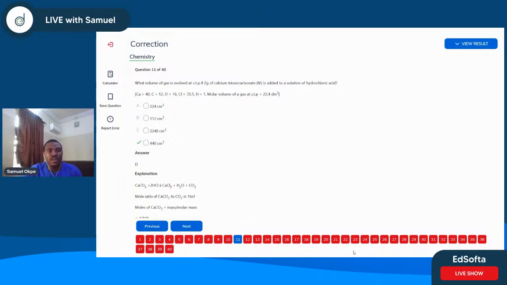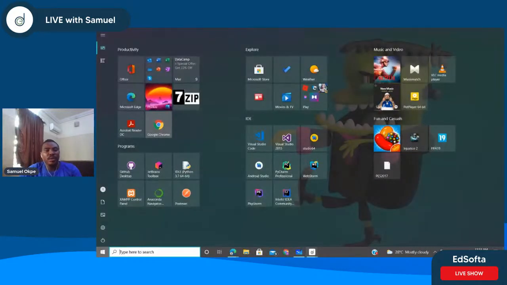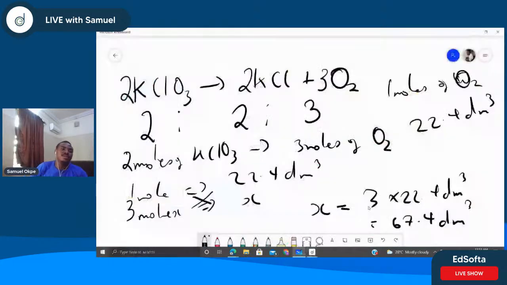So how do we solve this? First, we know that the reaction is between calcium carbonate and hydrochloric acid. So let's write the reaction first.